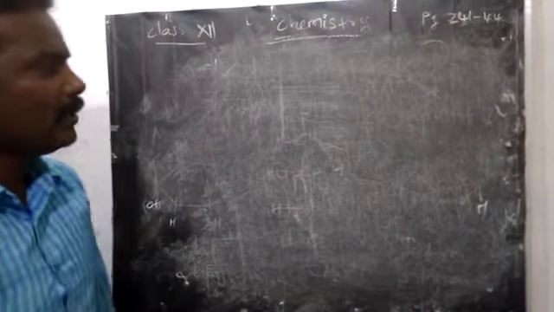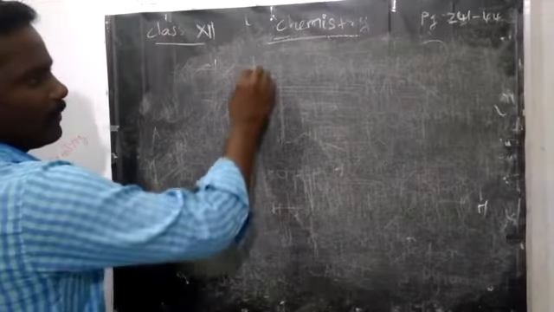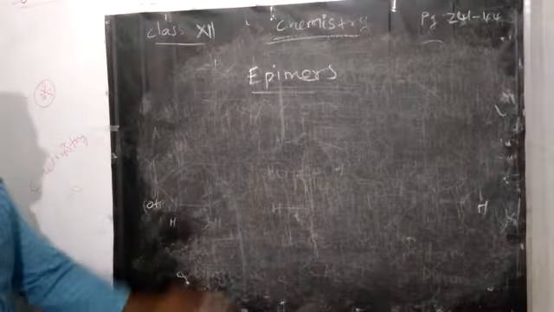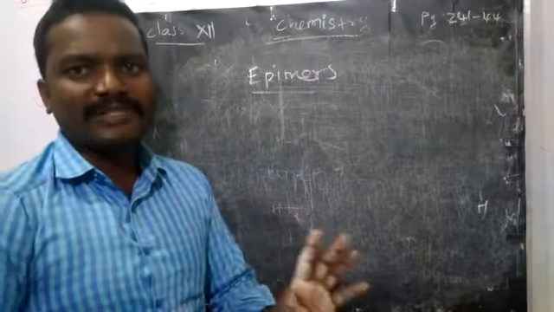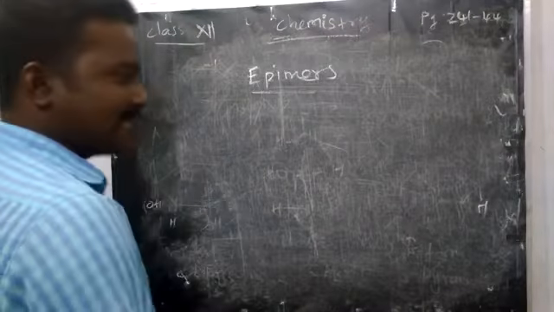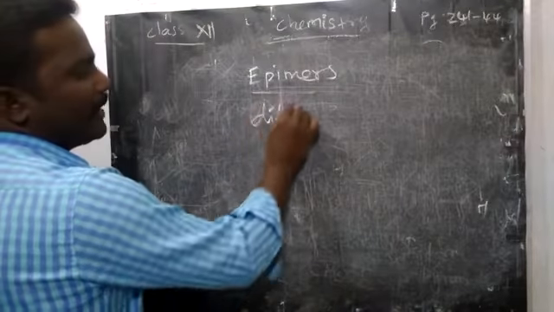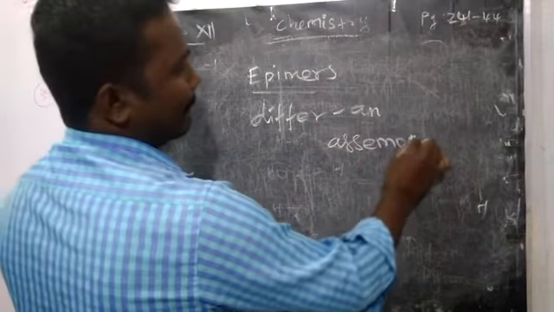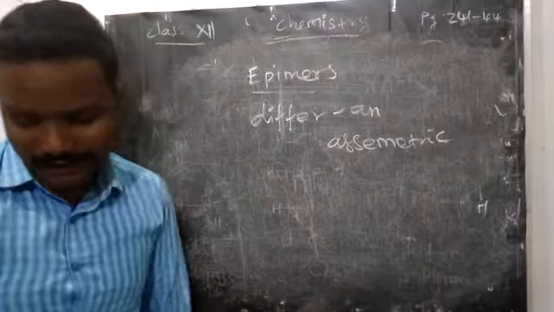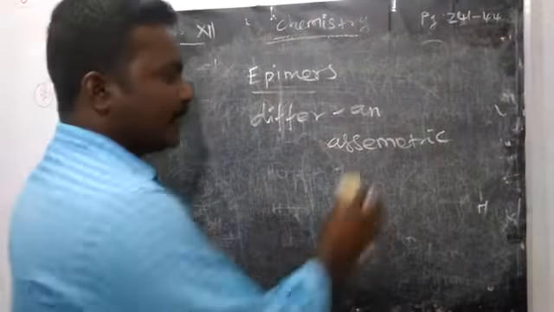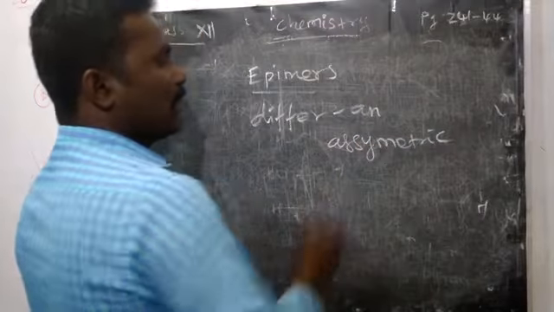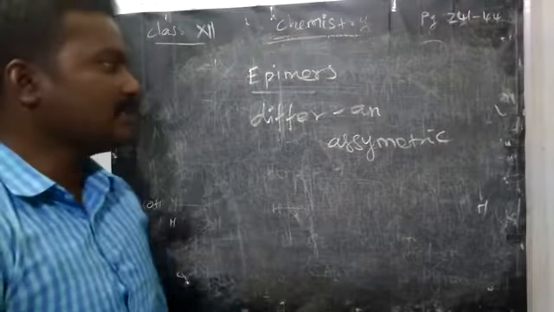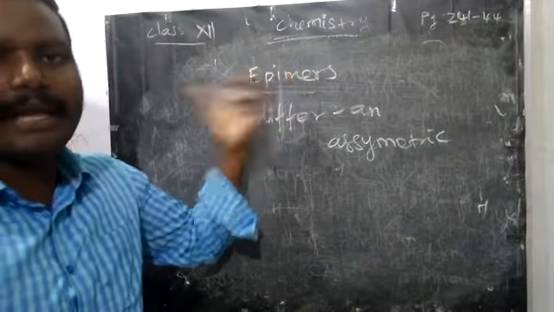At last we are going to learn about epimers. What do we mean by epimers? See, the two forms differ only based on one asymmetric carbon atom. Because of one asymmetric carbon, the two forms have different configurations, and we say those isomers are epimers.